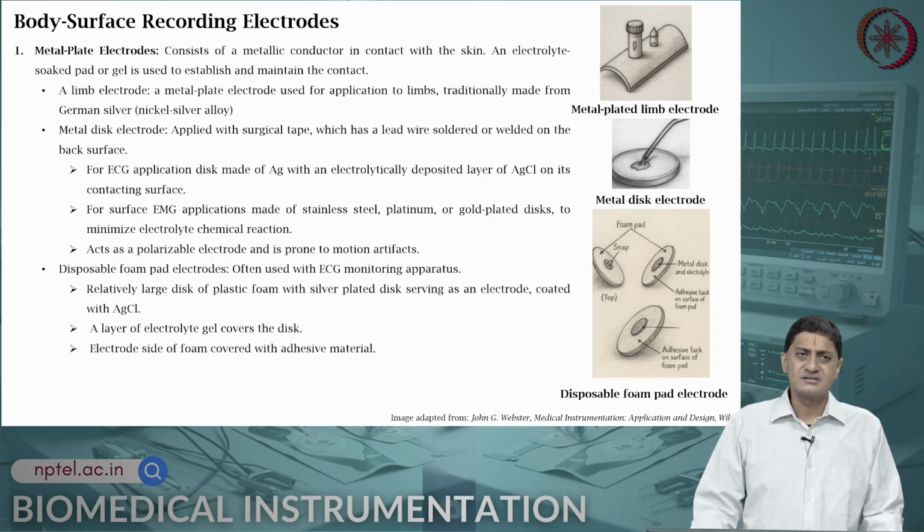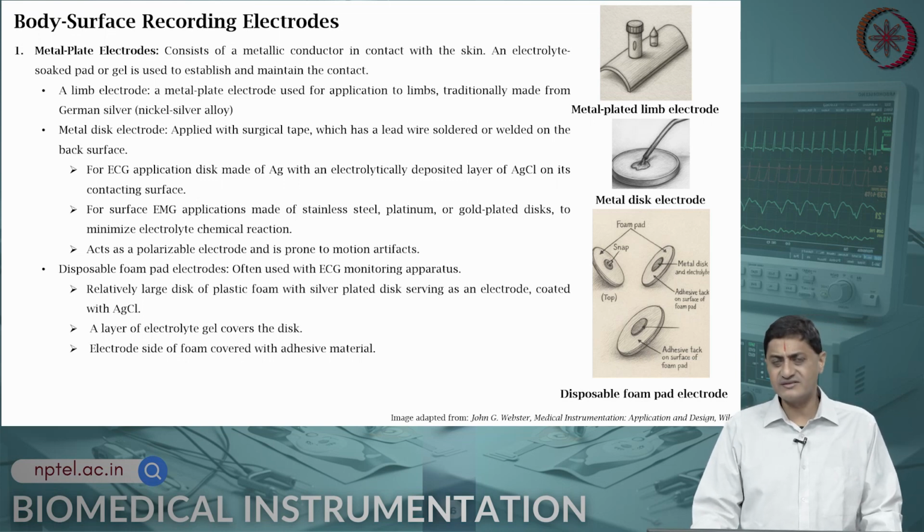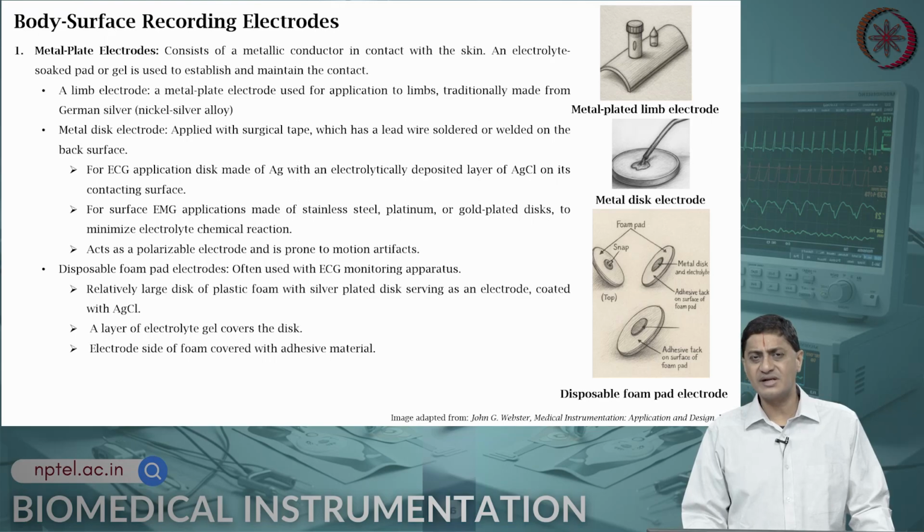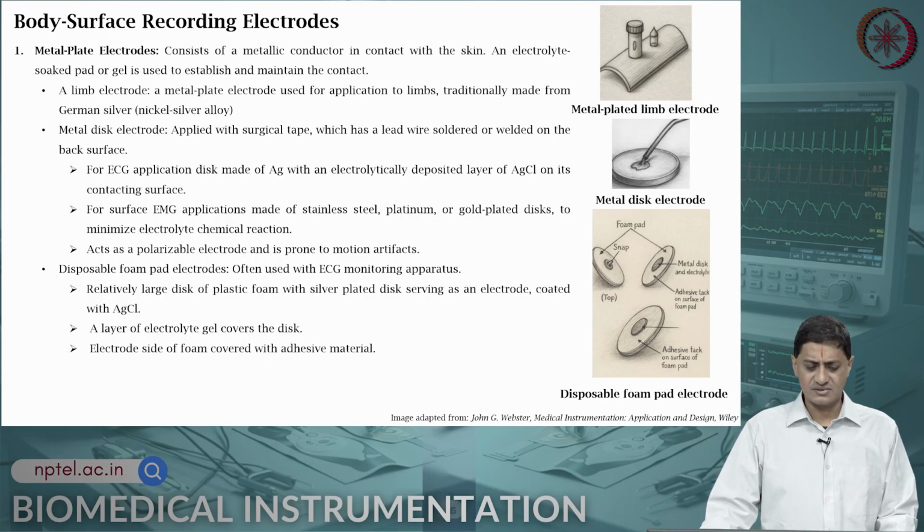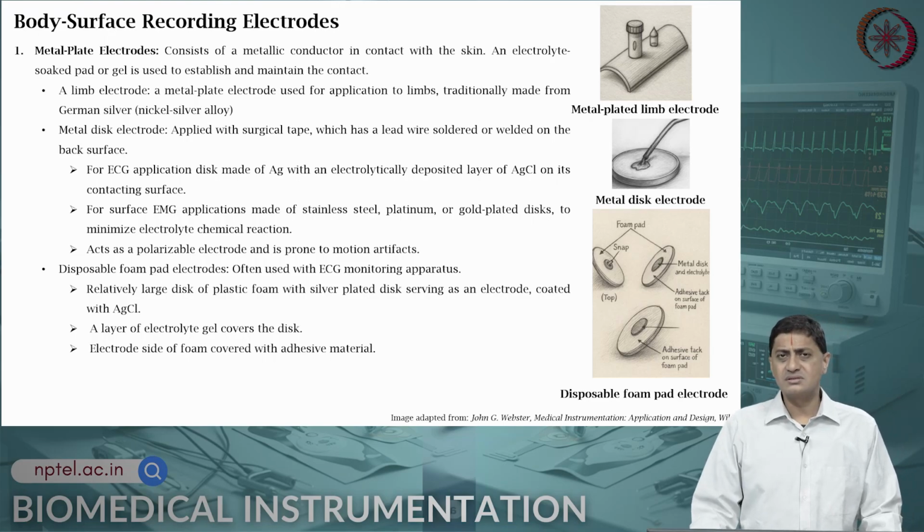So, the first type of electrode is the metal plate electrode. This essentially contains a metallic conductor that is in direct contact with the skin. Now, direct means through a gel or a gel soaked or electrolyte soaked pad to establish and maintain contact.